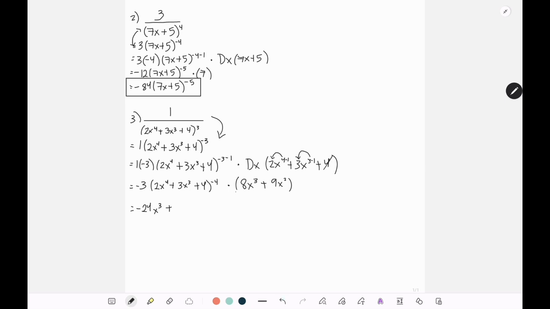So, hindi na siya magiging positive. It will be negative. So, we have negative 27 x squared. And then just copy again, 2x raised to 4 plus 3x raised to 3 plus 4. And then negative 4.